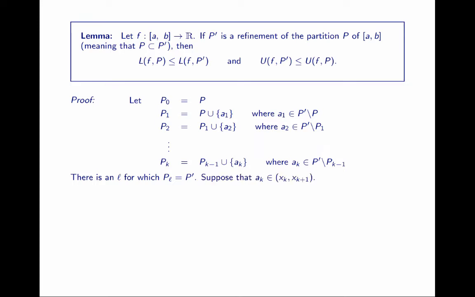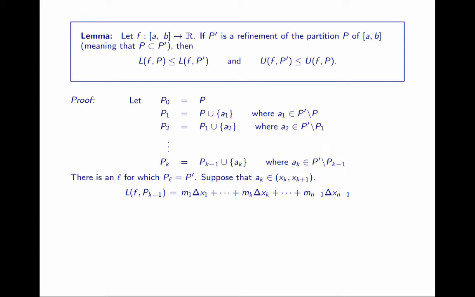So let's consider the case that we add one point to a partition. So we're adding a_k to the partition P_(k-1). And let's suppose that a_k is between x_k and x_(k+1). Of course, it's not equal to x_k or x_(k+1) because I'm adding a new point. So let's consider the lower sum.